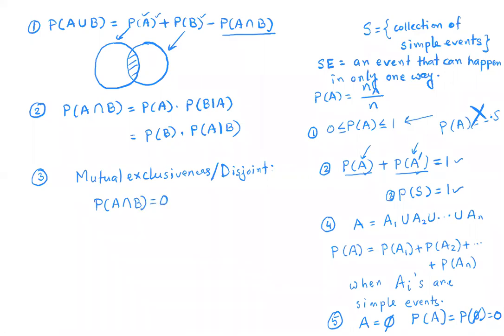We also use the definition that two events A and B are mutually exclusive if the intersection of these two events is the empty set, right? And then if you take the probability of both sides of this equation, the probability of A intersection B is equal to the probability of the empty set. But remember, the probability of the empty set is 0. So the probability of A intersection B is equal to 0.